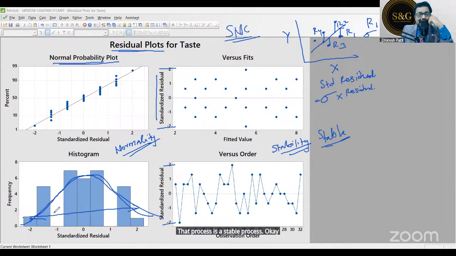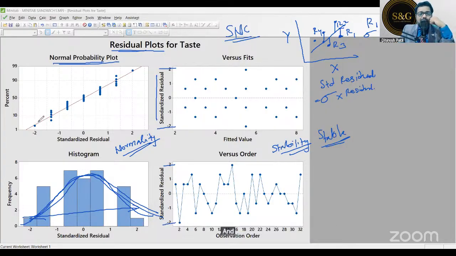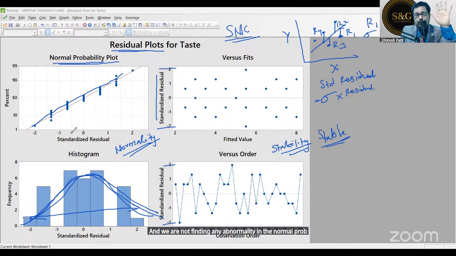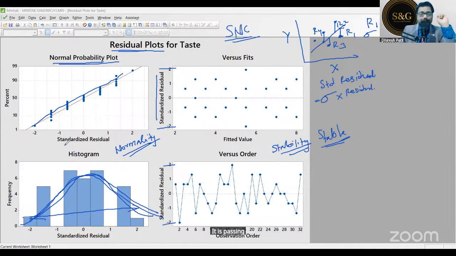And here also you can see the histogram is a normal distributed histogram, and we are not finding any abnormality in the normal probability plot as well. So stability and normality is doing a fantastic job here. It is passing rather than failing here.